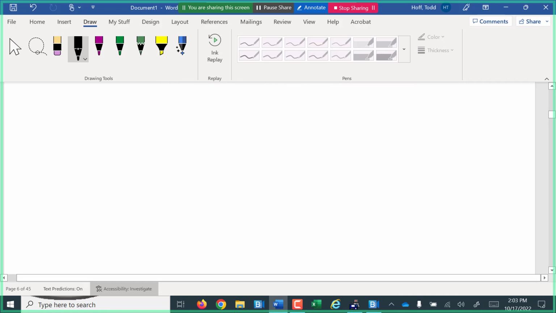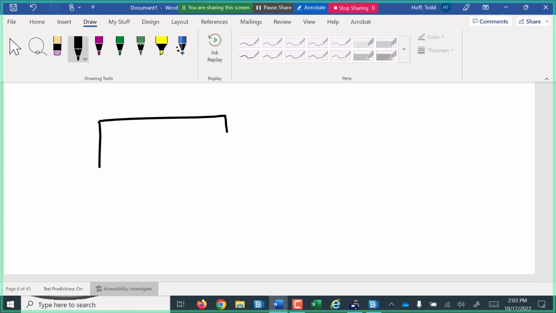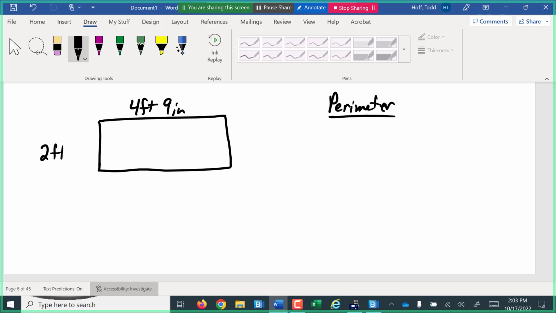An application of this would be finding the perimeter of a rectangle. Perimeter is just adding up the sides. So if this rectangle has sides that are 4 feet 9 inches by 2 feet 11 inches, and I want to find the perimeter.